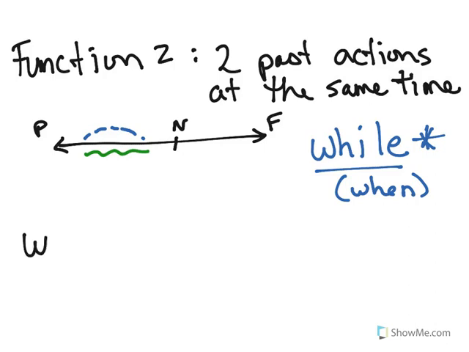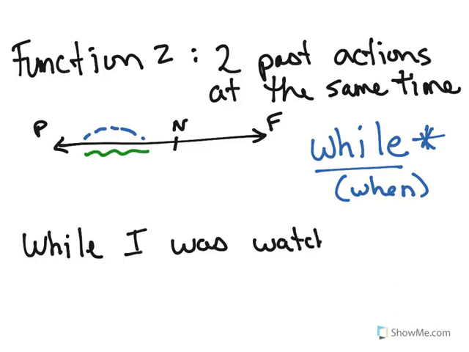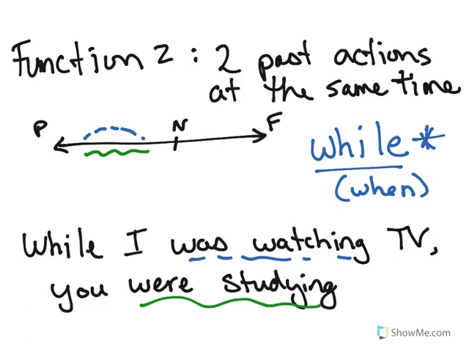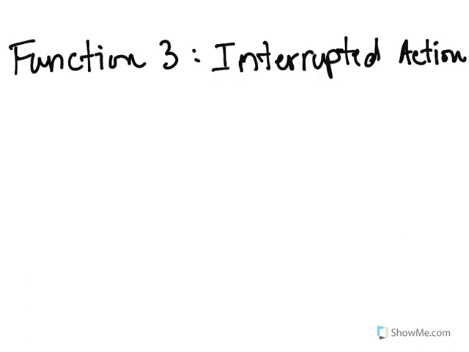So to give you an example, while I was watching TV, you were studying. My action ongoing, your action ongoing. And those two things were happening at the same time in the past.